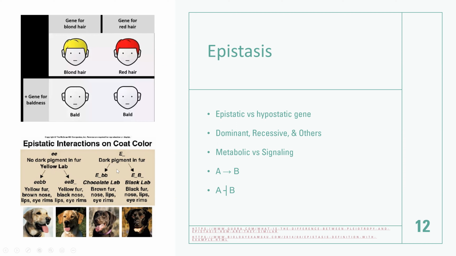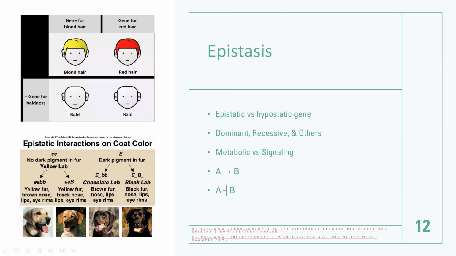So regardless, if we get a recessive gene or recessive allele for the Labrador, then that means there is no dark pigment. So regardless of what color the dark pigment gene is in the Labrador, they will be yellow. And that's because they just don't have any dark pigment whatsoever.